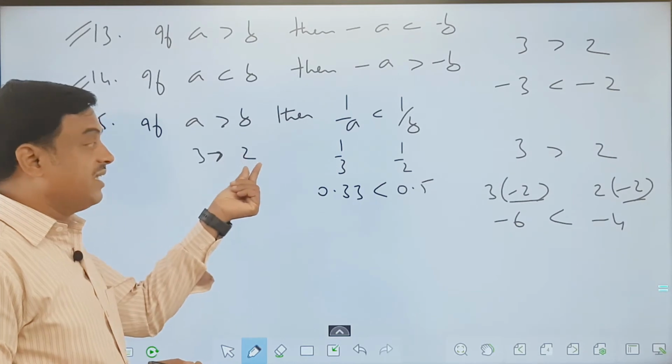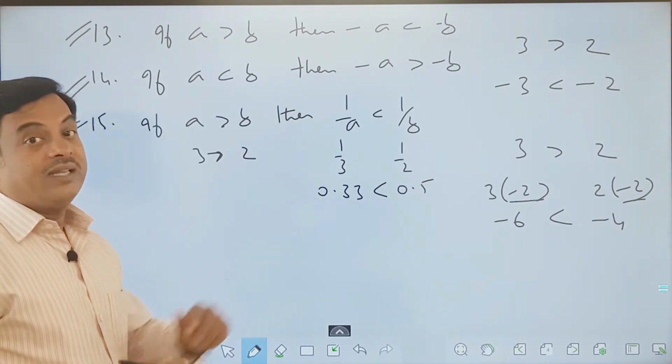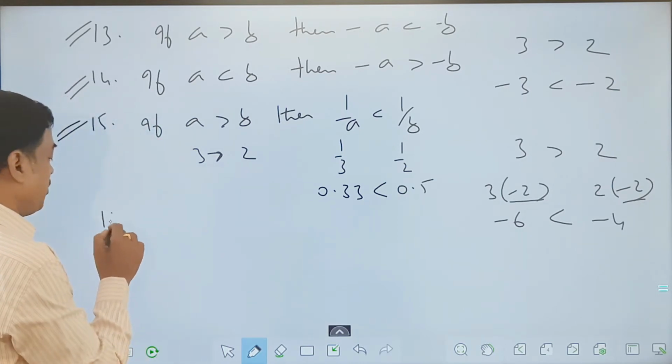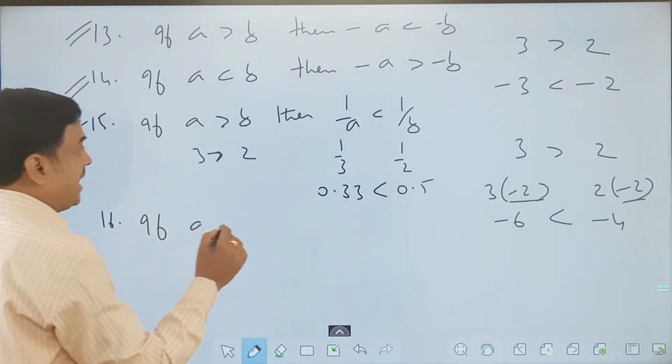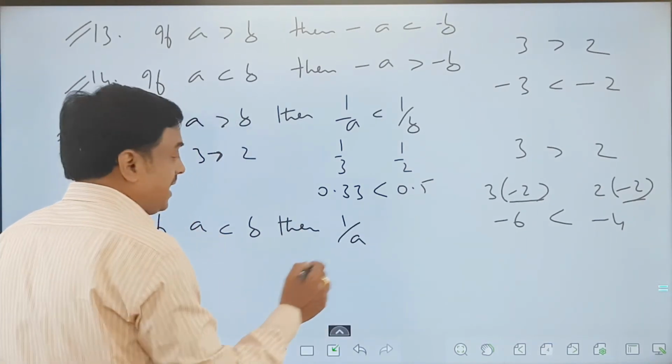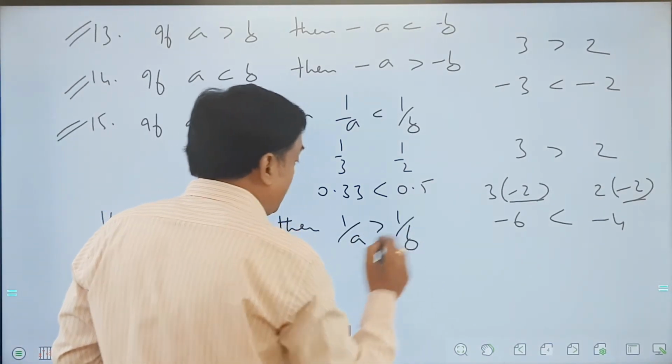So when 3 is greater than 2, by taking the reciprocal, the inequality changes again. Similarly, the 16th point would be a continuation of it. A is less than B, then I can say 1 by A will be greater than 1 by B.